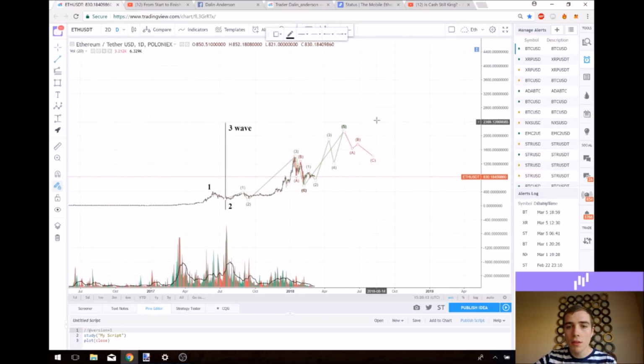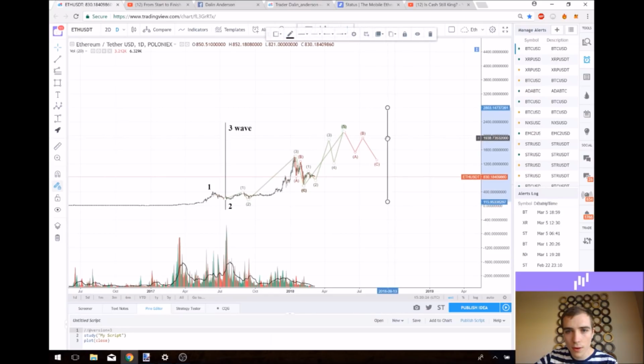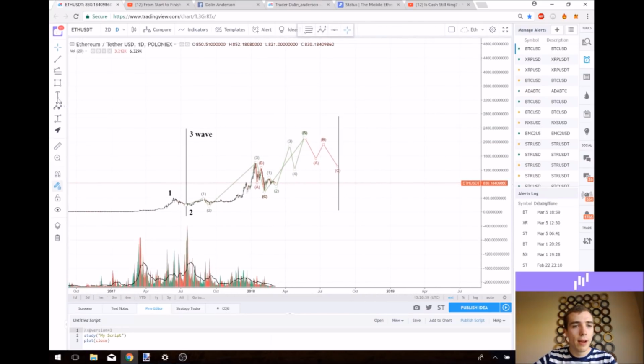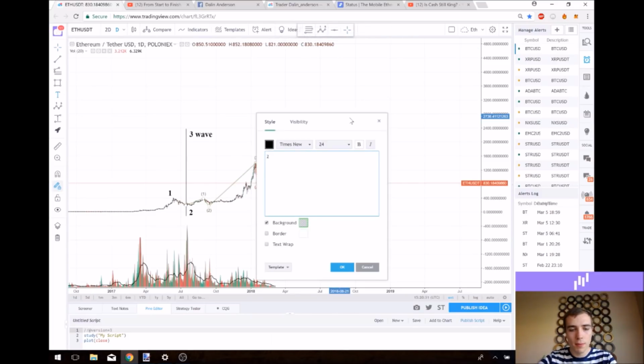So at the end of the 3 wave, let me just go ahead and make this a little bit lower here. Probably come test support. We need to make a 5 wave. So everything after this point will be 5 wave movement for Ethereum, okay?